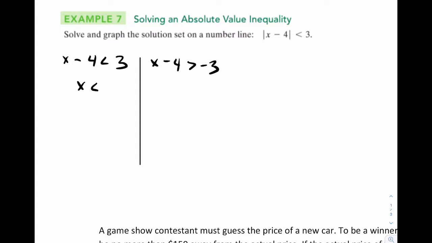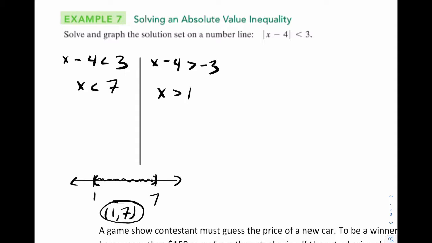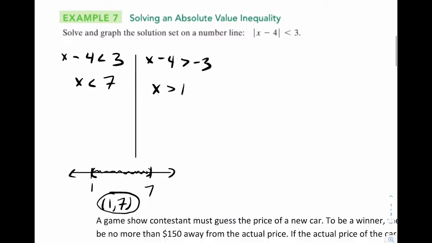So x should be less than 7, and x should be greater than 1. So if we were to actually graph this answer, we would say all numbers between 1 and 7, like this. In interval notation, we'd write 1, 7. So that's the basic idea.